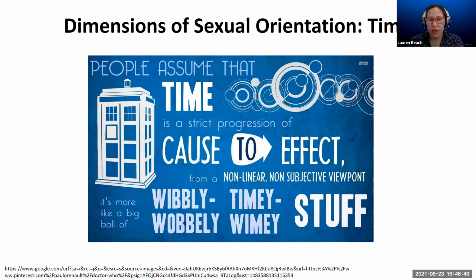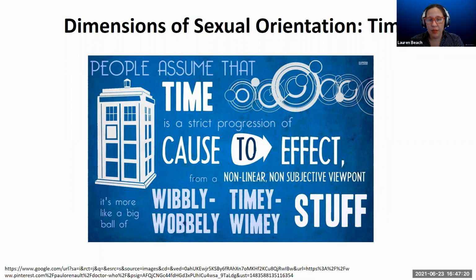But okay, the other thing that is important when you're thinking about measurement of sexual orientation, or if you're a clinician and want to ask the right questions of your patient, is thinking about time as a dimension of sexual orientation. Because if you ask somebody who they had sex with in the last minute versus who they've had sex with in their entire lifetime, you're going to get very different answers. Depending on the questions you ask, you might be making different categorizations or assumptions about somebody's sexual orientation or health risk profile, et cetera.